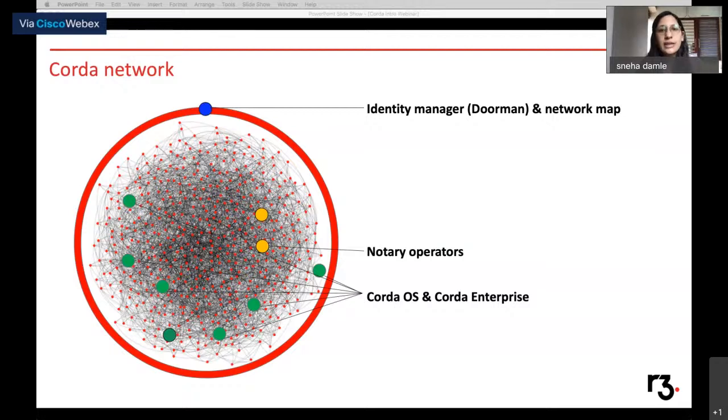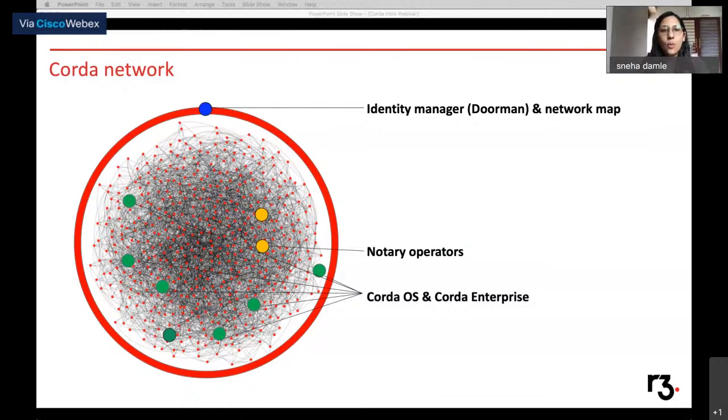After the KYC process, the Doorman will issue digital certificates to these legal identities. After that, these identities get entry to the network. They then become visible to other parties on the network, and this is how the nodes can start transacting with each other.